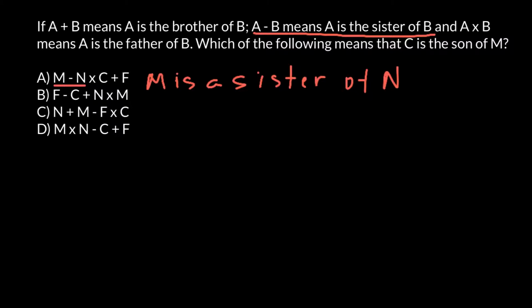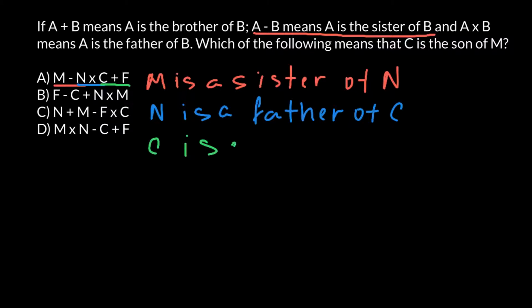Next, let's take N times C. This means that N is a father of C. And next, C plus F means that C is a brother of F.